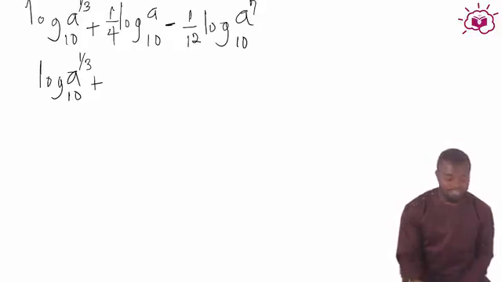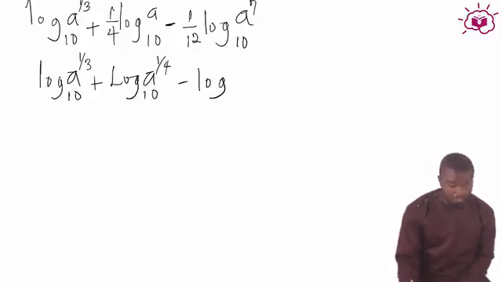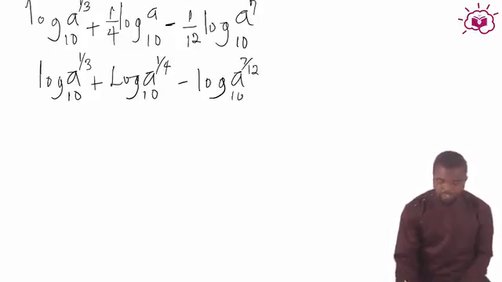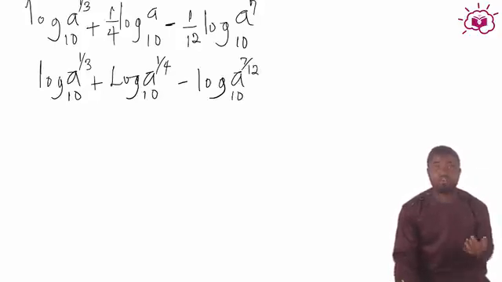So we have log a raised to the power 1 over 3 base 10 plus log a raised to the power 1 over 4 base 10 minus log a raised to the power 7 over 12 base 10. Notice that before we had log a raised to the power 7, with 1 over 12 multiplying 7, which gives us 7 over 12.